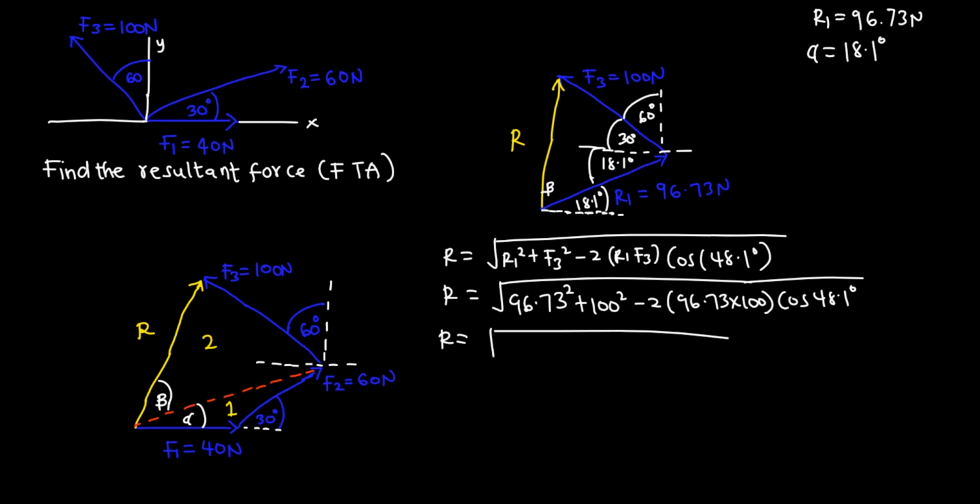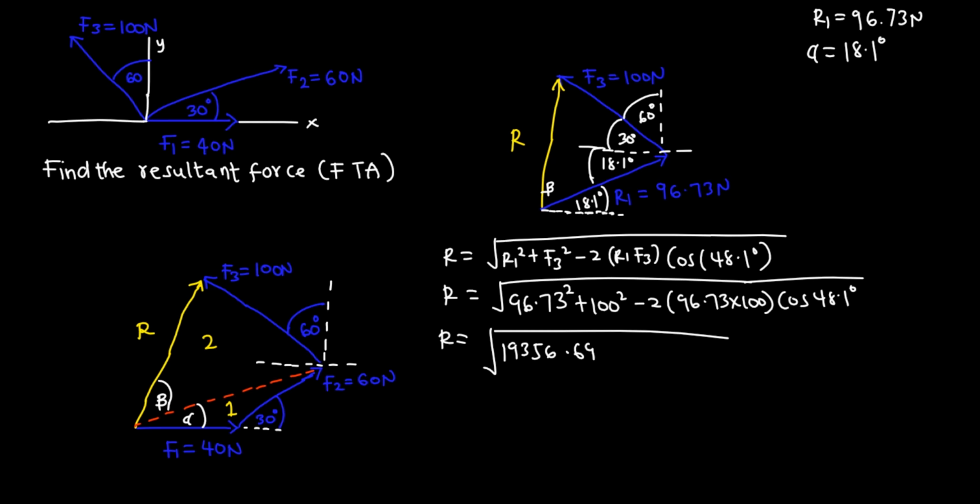So I'm going to add 96.73 squared and then 100 squared. So 96.73 squared plus 100 squared will give me 19356.69.